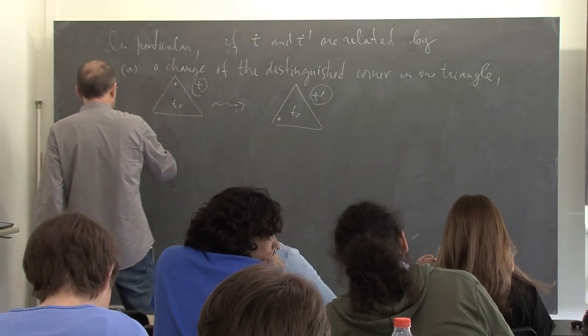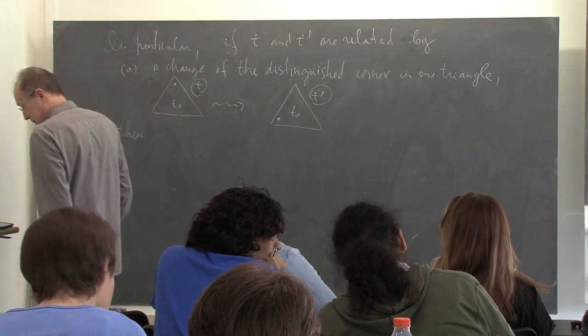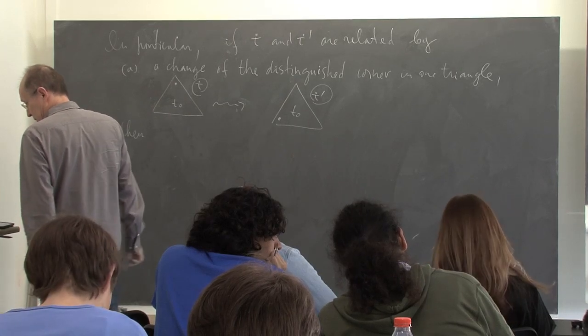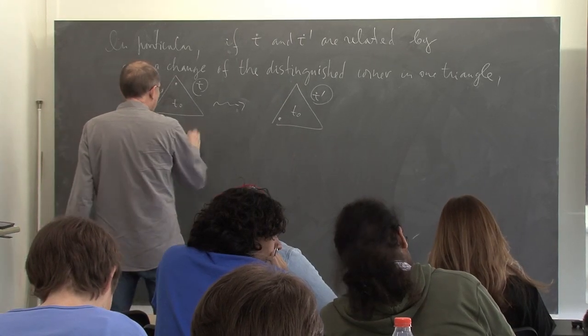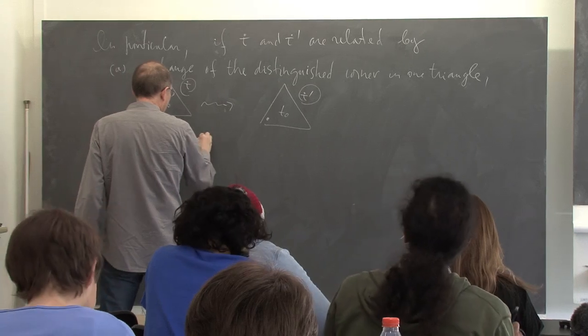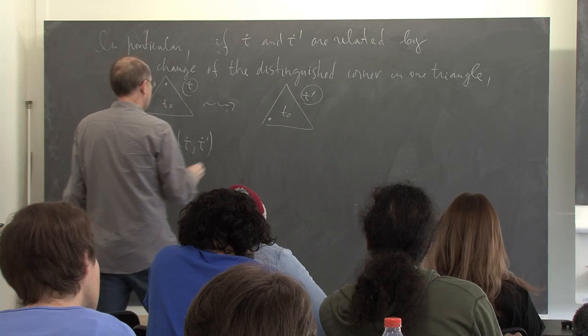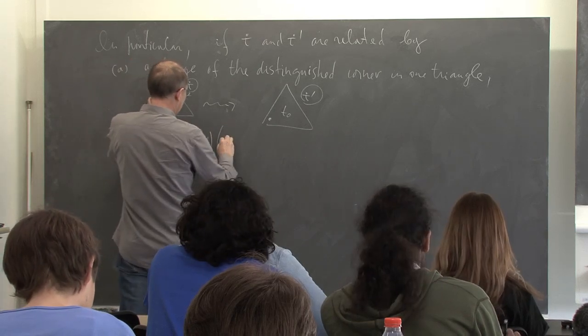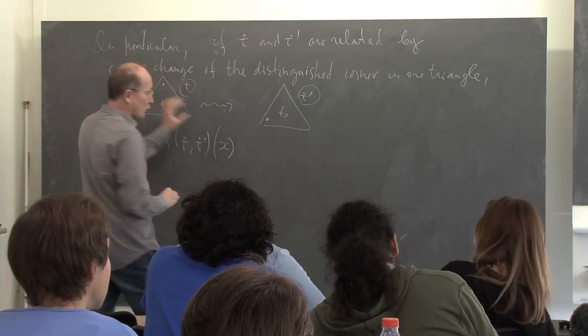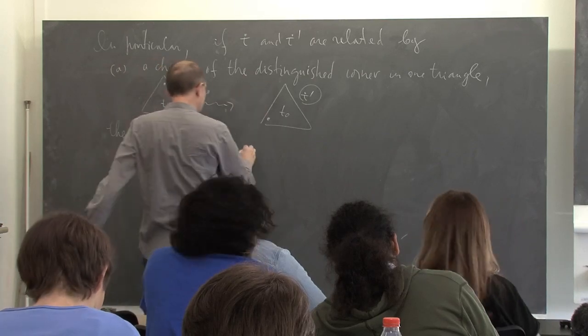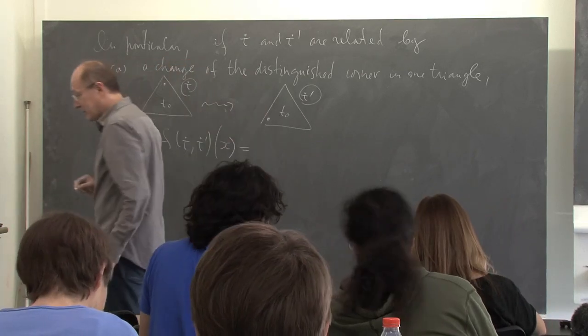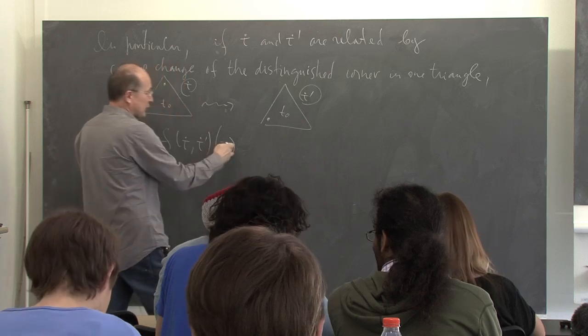Then we have a formula. So f of tau dot prime, this function f, we act on x in here. So we should get a function in here. And this is a function on the triangles.